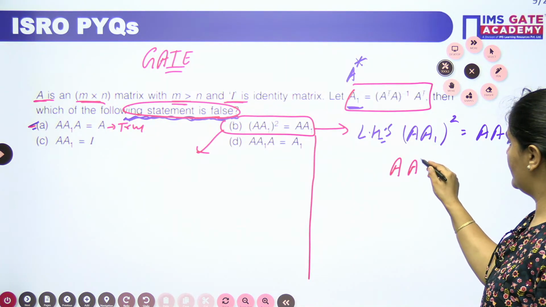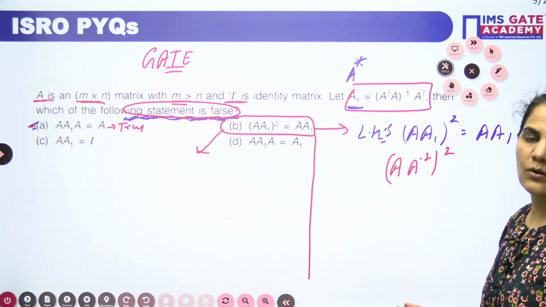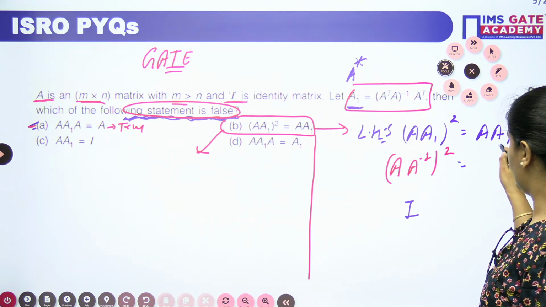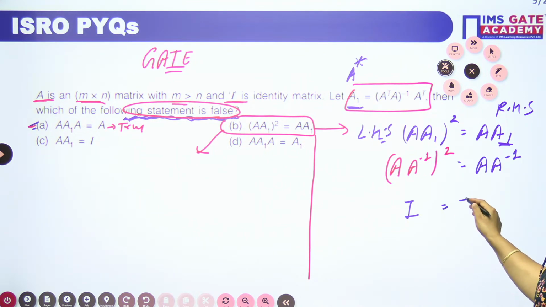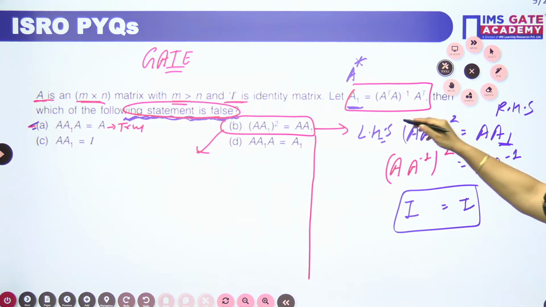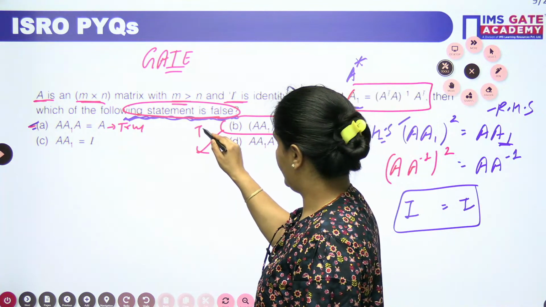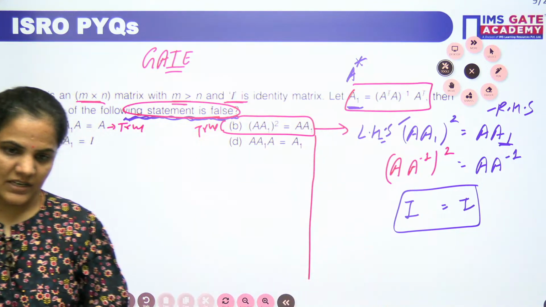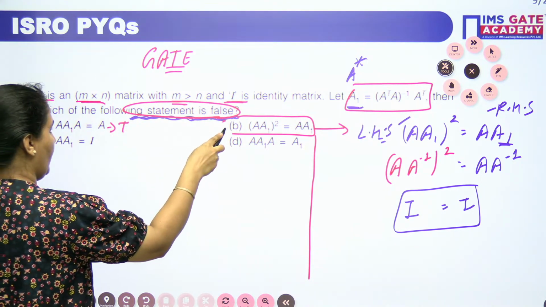So it will be A into A inverse whole square, which will be I only or 1. A into A inverse is 1 or I. So this is I. When you put it in the right hand side, A into A inverse, this is also I. So left hand side and right hand side are equal again in option B. So this is also true. Option A is true, option B is true. I need to identify the false one.